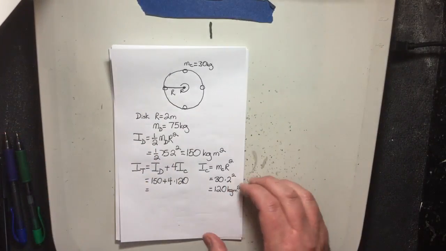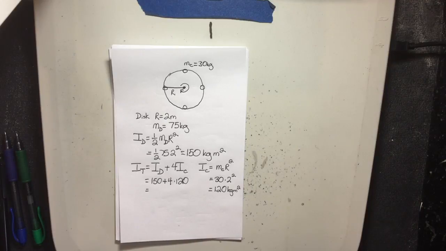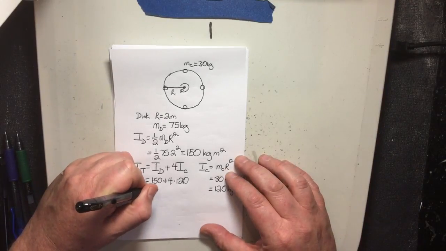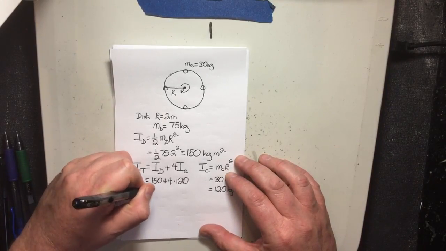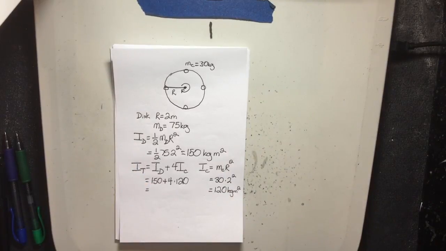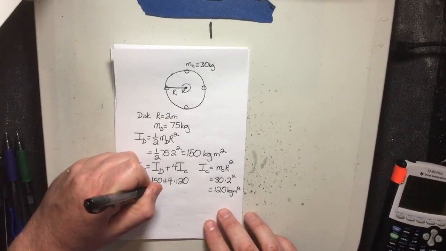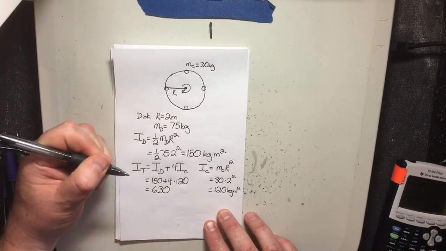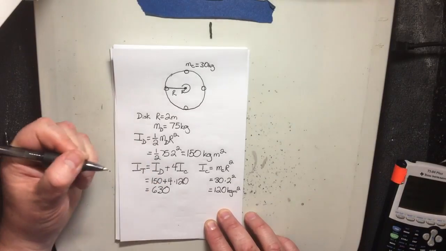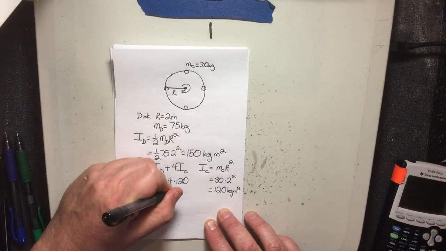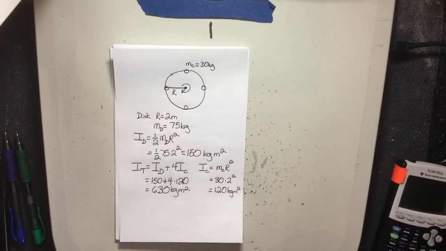And that adds up to be 480 plus 150, oh, I can't do math in my head right now. 630, yeah. For some reason my brain was saying 530 and I was having issues. So that's the total moment of inertia of this disk.